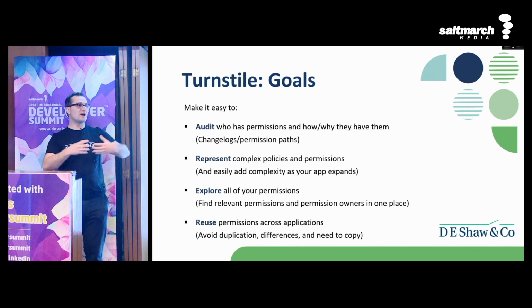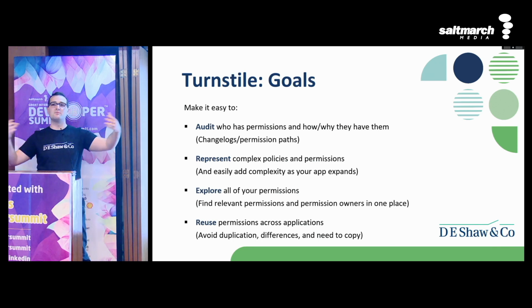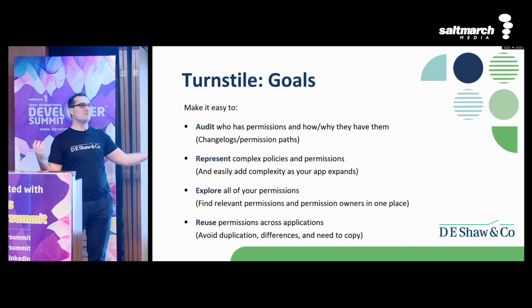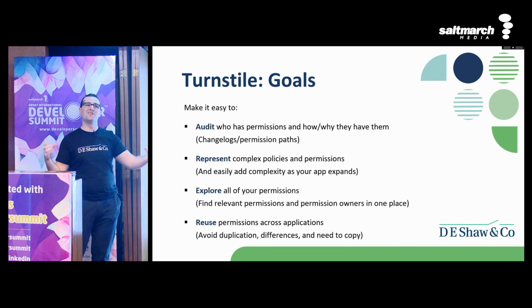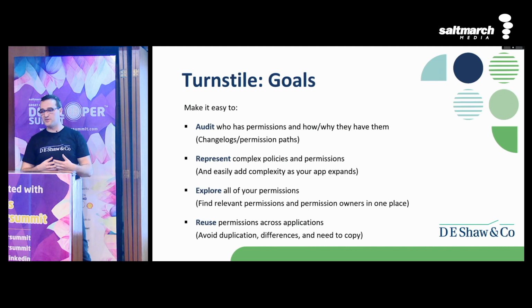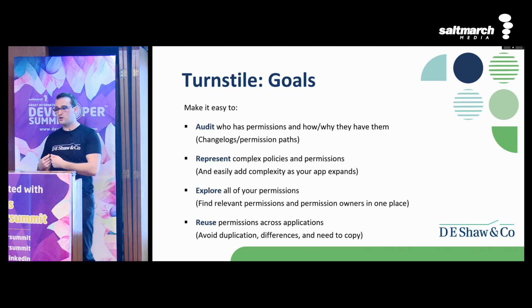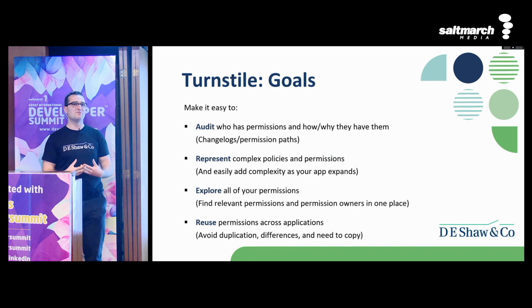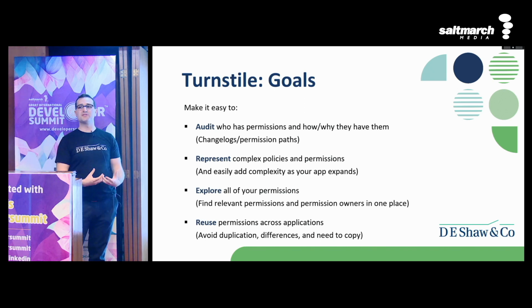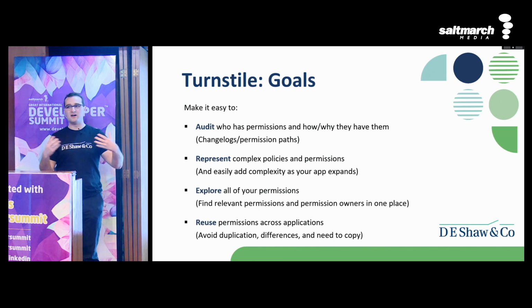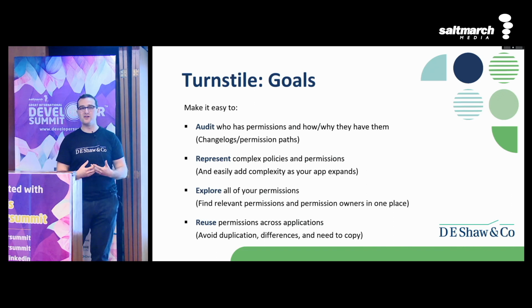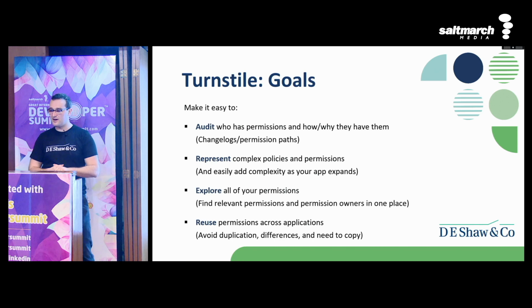Also, as we grew and had more complex applications and more applications, we started to need more complexity from authorization systems. We started to have complex permissions and the need for complex policies, while at the same time trying to have concise policies and concise permissions. We want to be able to understand what's going on without too much effort.